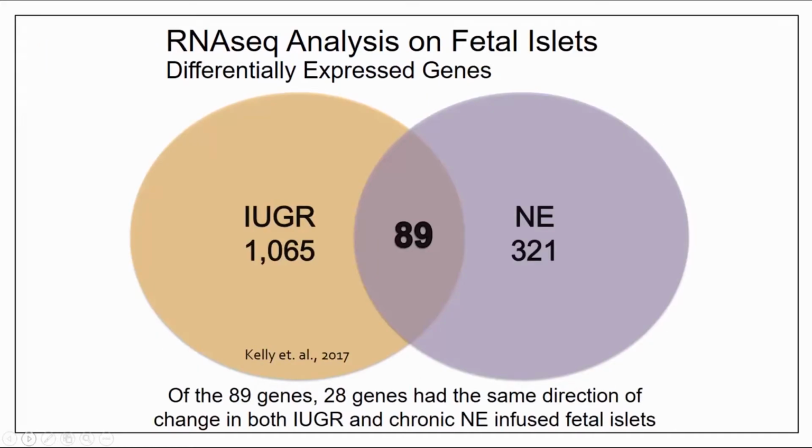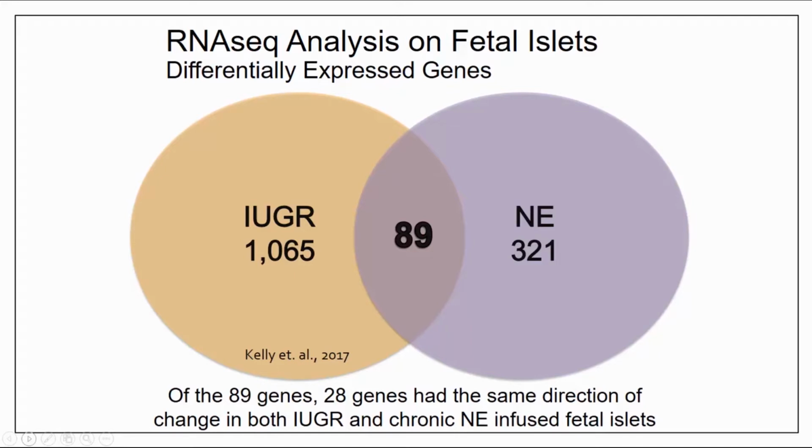Approximately 89 of those genes overlap, beginning to represent norepinephrine-specific genes that are responding in both the IUGR and norepinephrine-infused fetuses. If we take one other layer off and say they have to be going in the same direction, we're down to 28 genes that may be coordinated by norepinephrine in this chronic situation.